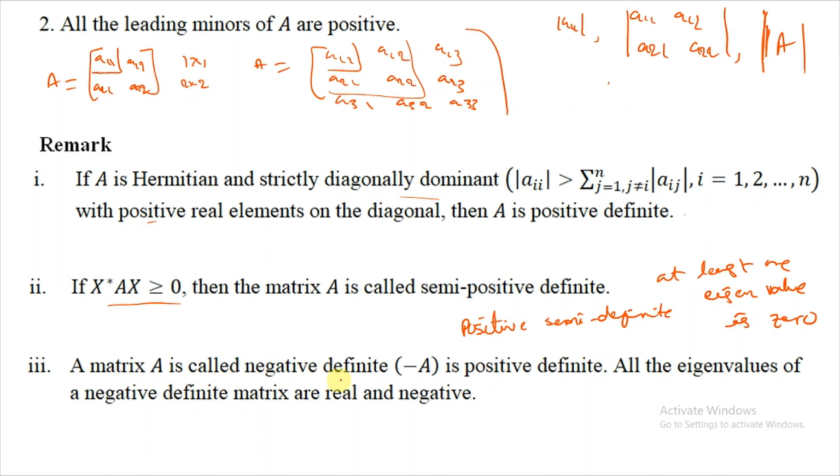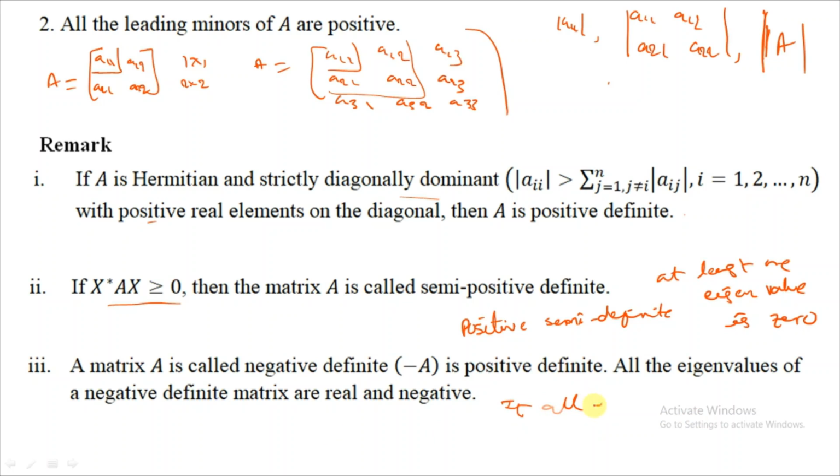Matrix A is called negative definite if minus A is positive definite. If all the eigenvalues are positive, it's positive definite. If you get all negative eigenvalues, you can say it's negative definite. All the eigenvalues of a negative definite matrix are real and negative.